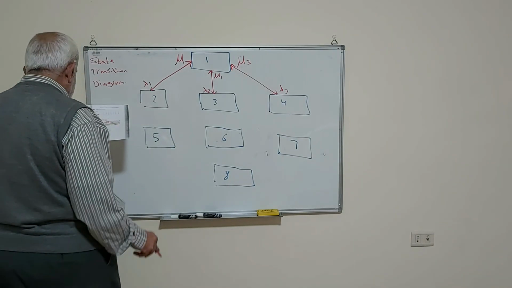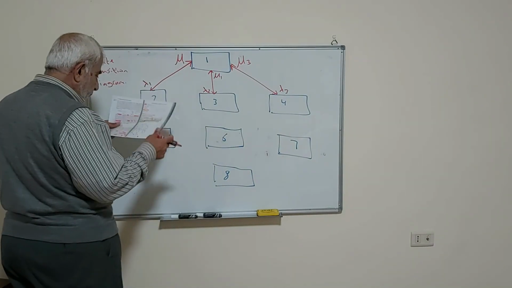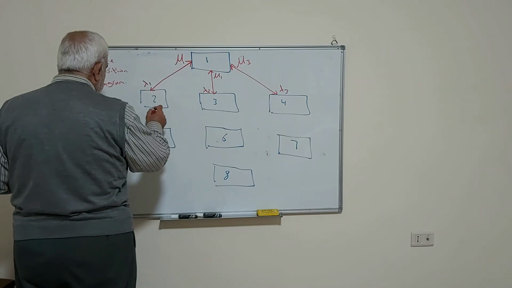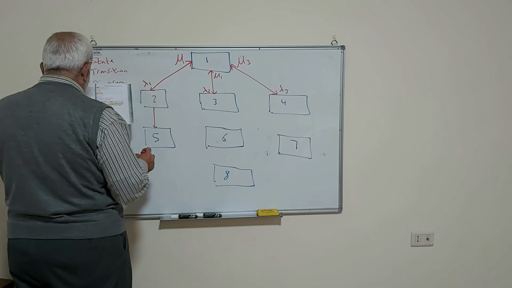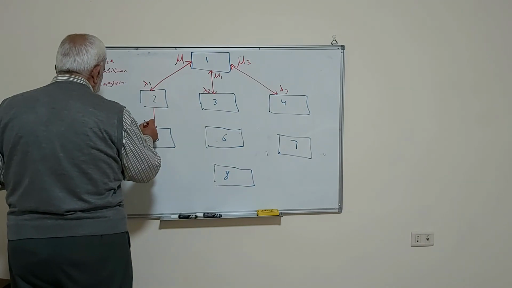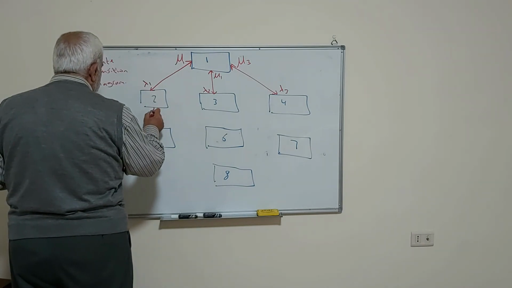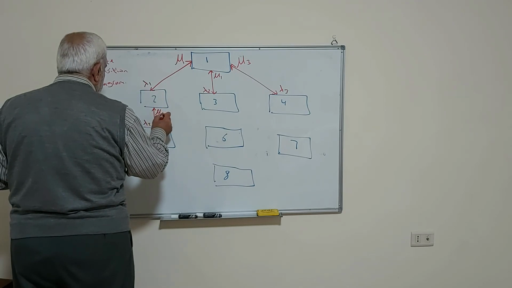And so on, we can have the following transition rates. I can go from 2 to 5 by lambda 2 and go back by mu 2.